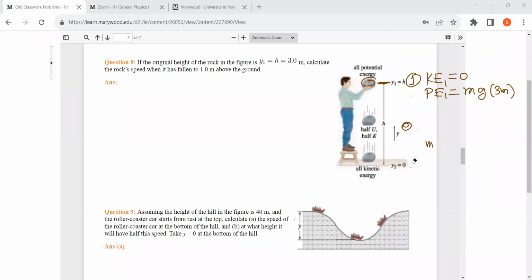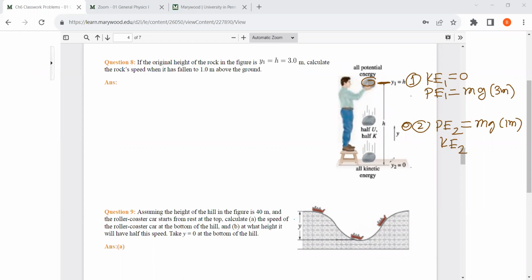Now when it is 1 meter from the ground, that is our position 2. At this point we know that the potential energy is mg times 1 meter, and there will also be kinetic energy.